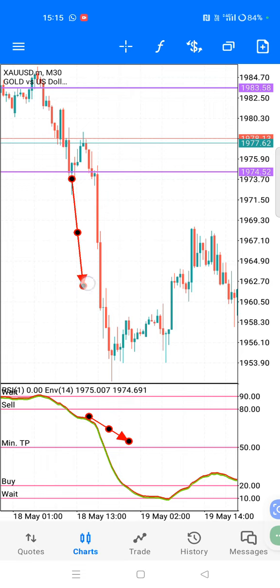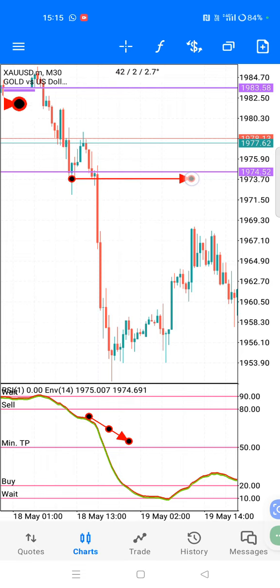Okay, for this one, how long does it take when you enter at 1974? 2, 3, 4, 5, 6, 7, 8, 9, 10. This long bearish candle is the 10th candlestick that went to quite a big profit, which is at 1967.